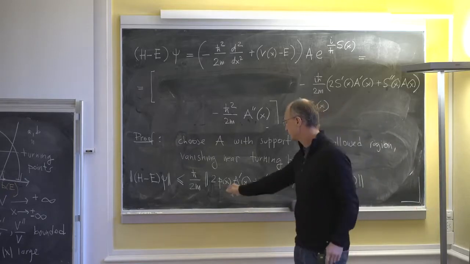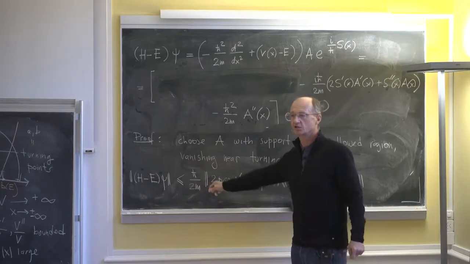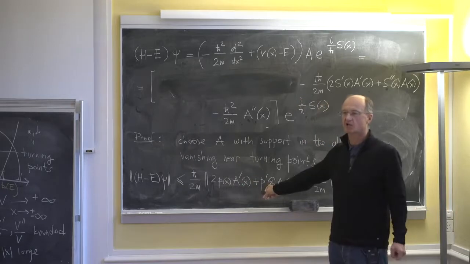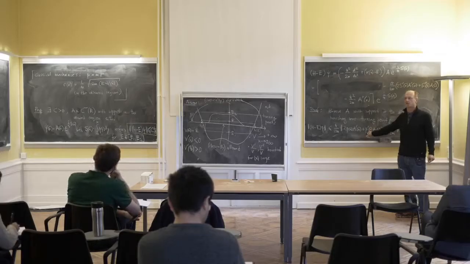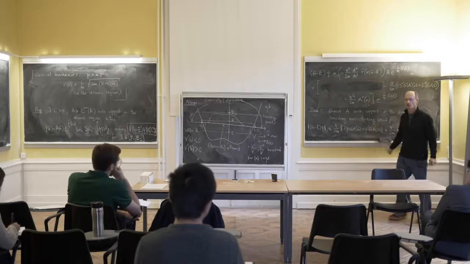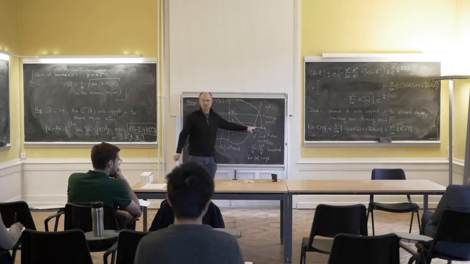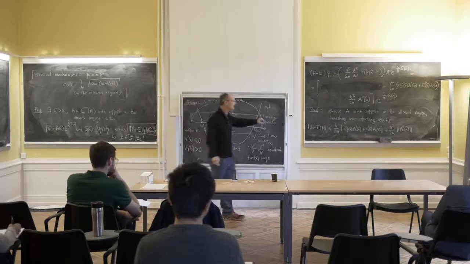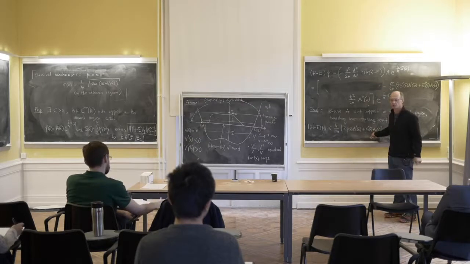Now this is also okay. P of x is a continuous function. Now this might be slightly problematic, right? P prime of x. That's a derivative of some square root, and a priori near turning points, it is unbounded. However, we stepped away from the turning points in our choice of A, so A is actually equal to 0 near the turning points.